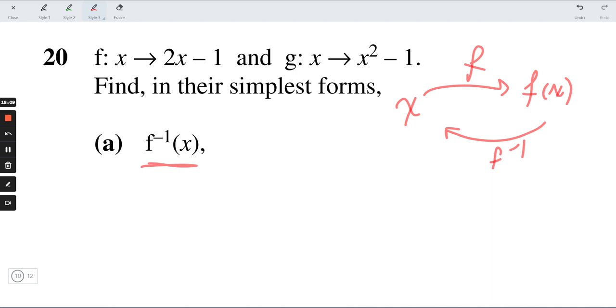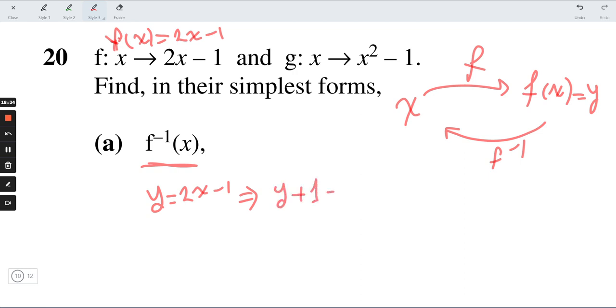Let y be the image of x, so f of x equals 2x minus 1. That means y equals 2x minus 1, and I will rewrite this equation in terms of x, so we get y plus 1 equals 2x.